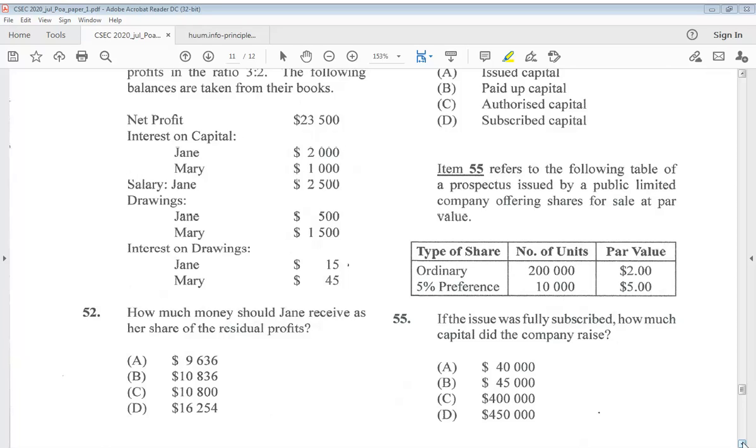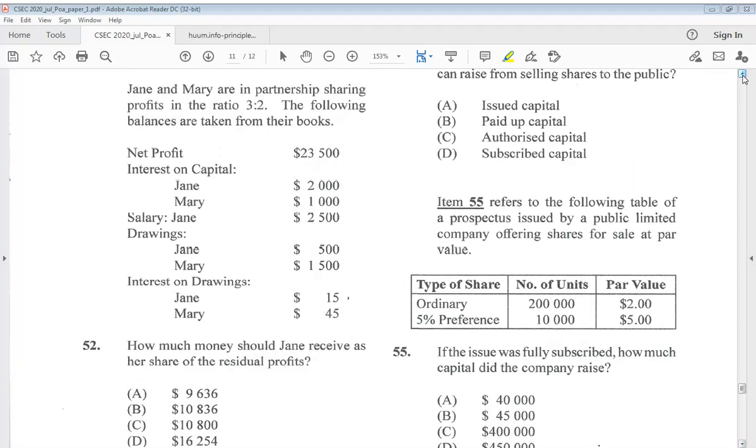So what we simply do, we know our profit and loss appropriation account. So we recognize that this is for Jane and Mary. So Jane and Mary profit and loss appropriation account. Now our first thing we have is our net profit, 23,500.